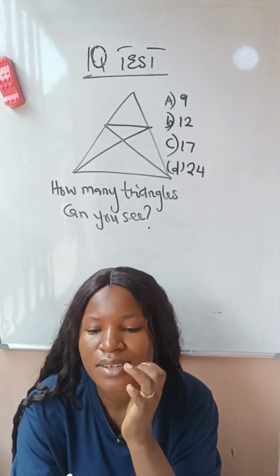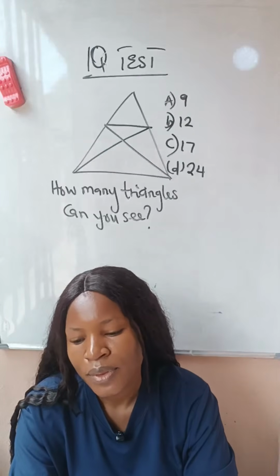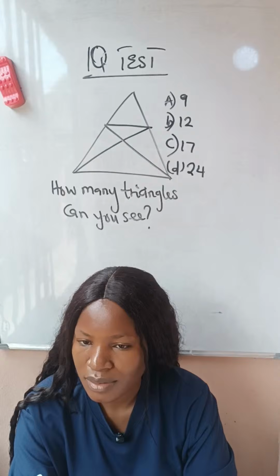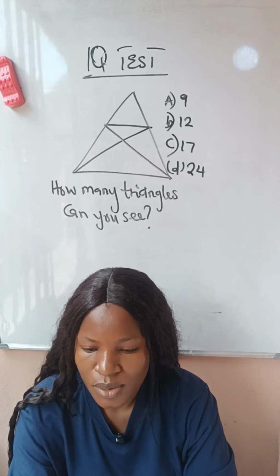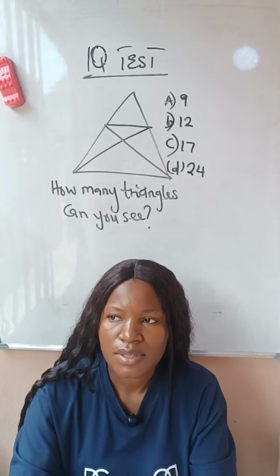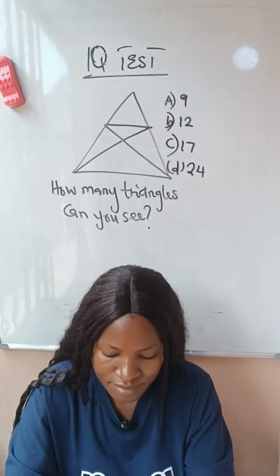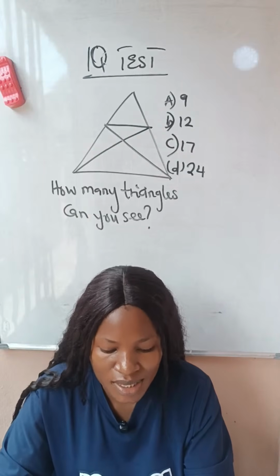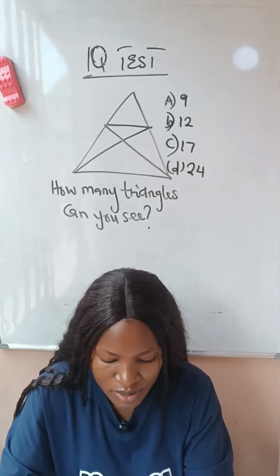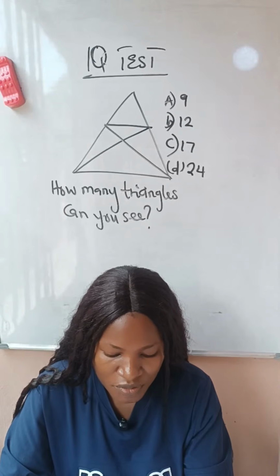But Nelly, the option 5 is not there. Don't you think that automatically makes the answer not correct? So, yeah, the diamond is saying the answer is 17. 17 triangles. I would have loved to see how you got that, but it will be difficult for you to illustrate that for us.